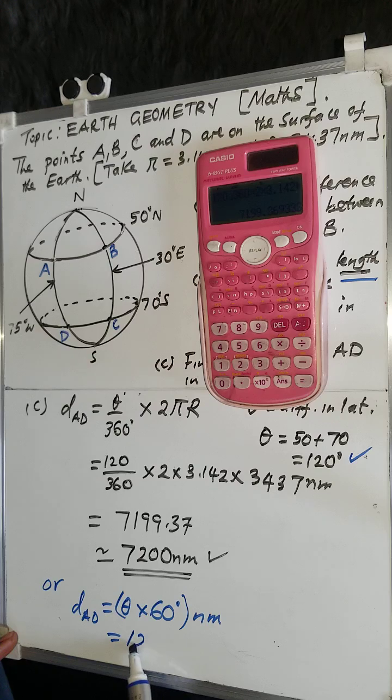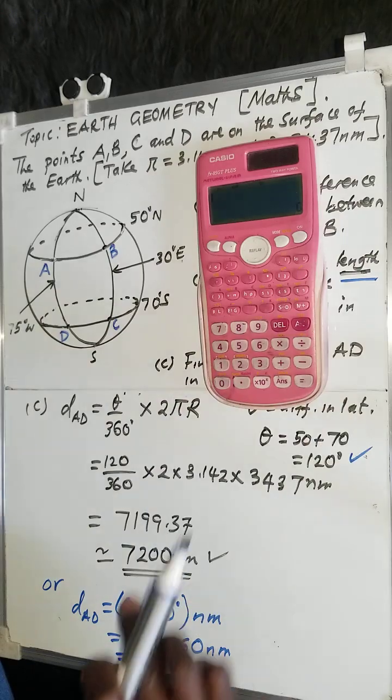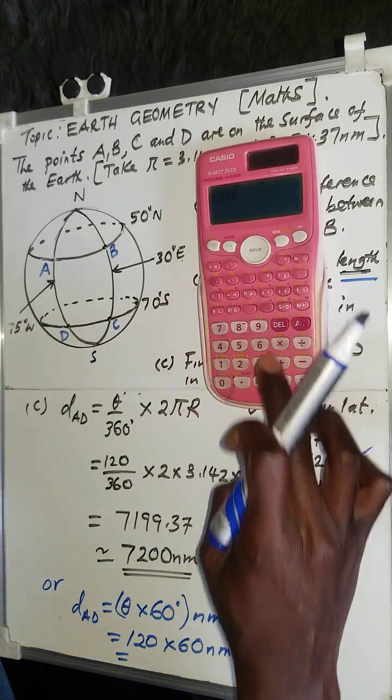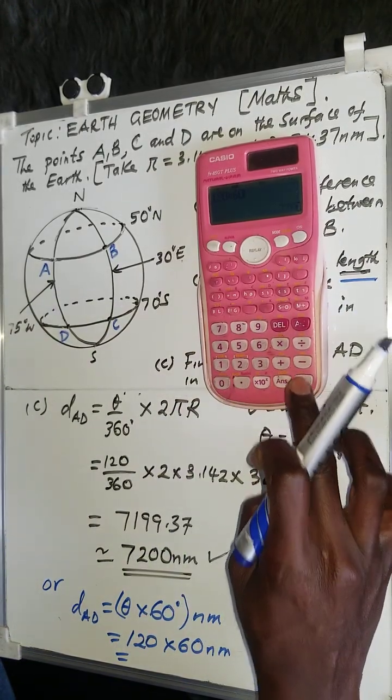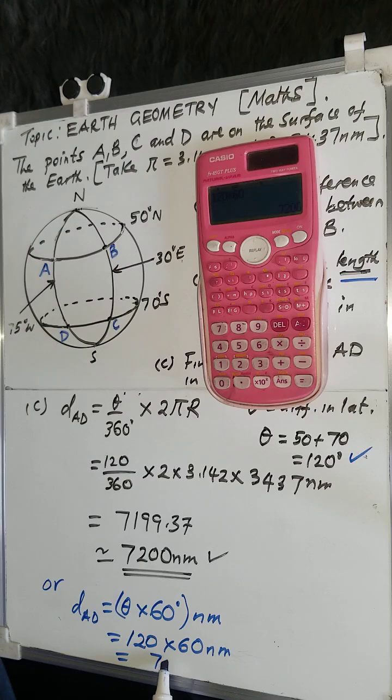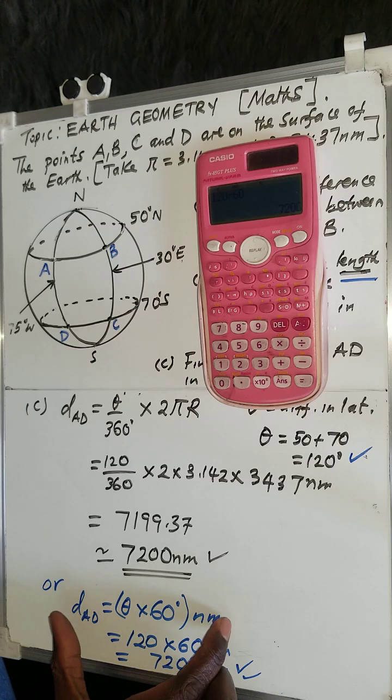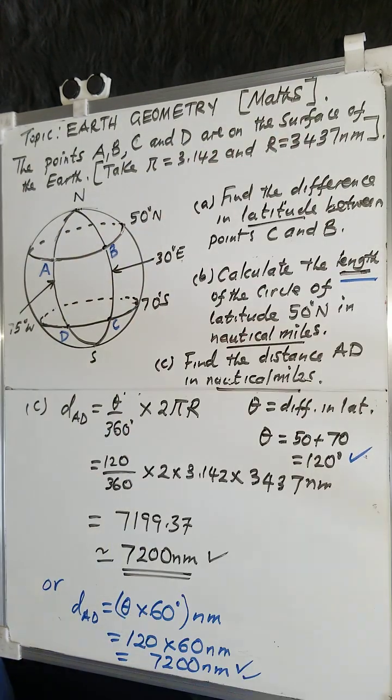So that is going to be 120 multiplied by 60. This is going to be in nautical miles. If you calculate that, 120 multiplied by 60, that is going to give you directly 7,200 nautical miles. So you can see this and that is just the same. As long as it is in nautical miles, you can try to apply that formula.